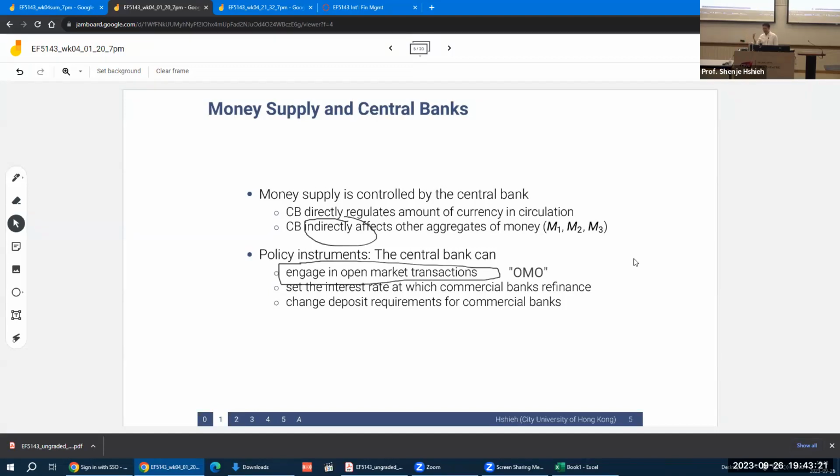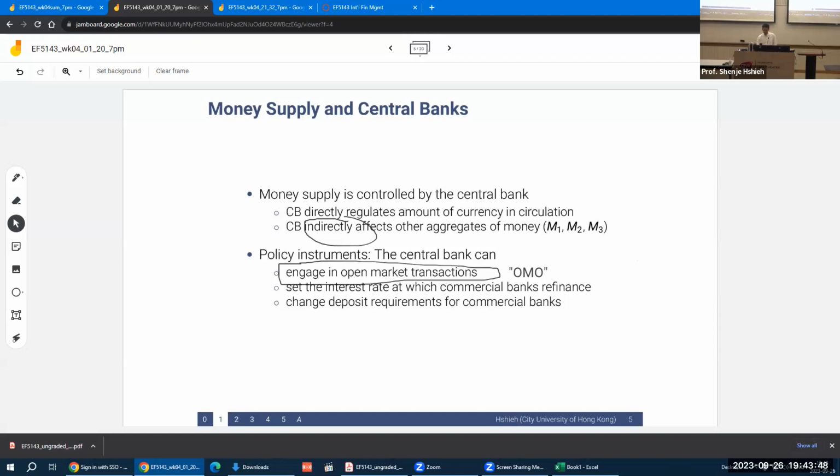So that's how you inject liquidity into the economy on a large scale. During the financial crisis of 2008, 2009, and during the pandemic, when the US needed to supply banks with liquidity, what they did was buy some assets onto their balance sheets and swap them out for liquidity so that banks can lend money out and stimulate the economy. That's the idea.